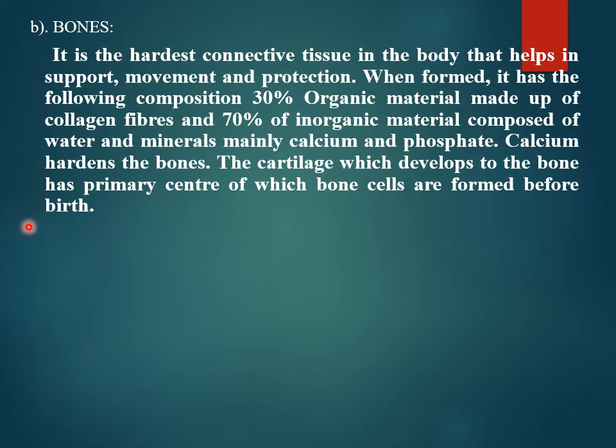Here we are giving the composition of the bone in terms of organic and inorganic material. We say collagen fibers. We mention that collagen fiber means protein material. It's made up of protein. Collagen is protein material. And inorganic material here is composed of water and minerals. Here we are talking of calcium and phosphate. Take note, I always tell you that we eat bones to build bones.